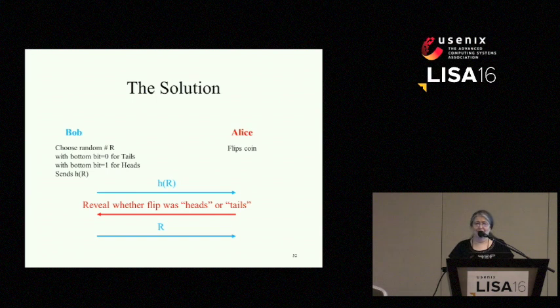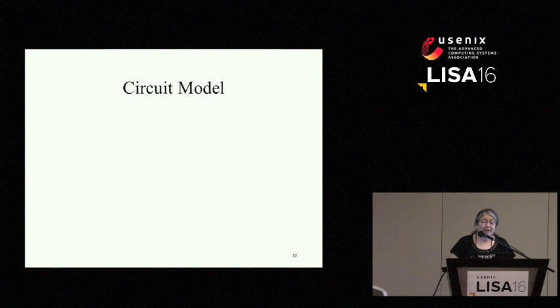He sends the hash of it across. Alice flips the coin and reveals whether it's heads or tails, and Bob is stuck. He's committed to heads or tails based on sending the hash, because now he has to send the number that hashed to that.